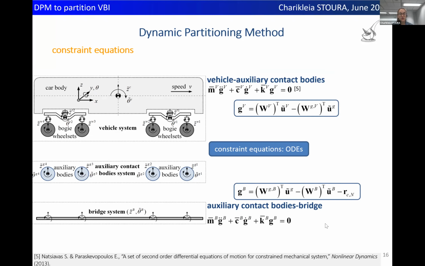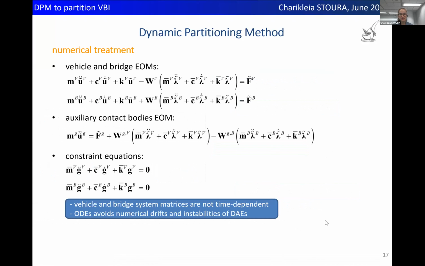Similarly for the constraint equation between the bodies and the bridge. So eventually, the entire system can be described with a set of equations that include the equations of motion of the vehicle and the bridge, the equation of motion of the auxiliary contact bodies, and the constraint equations between the two subsystems. This system of equations constitutes the proposed dynamic partitioning method.